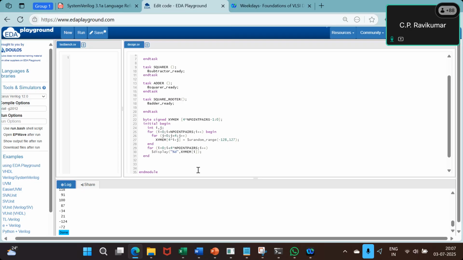So I'm going to start putting the data one by one. So it will do something like for i equals 0, i less than point base.